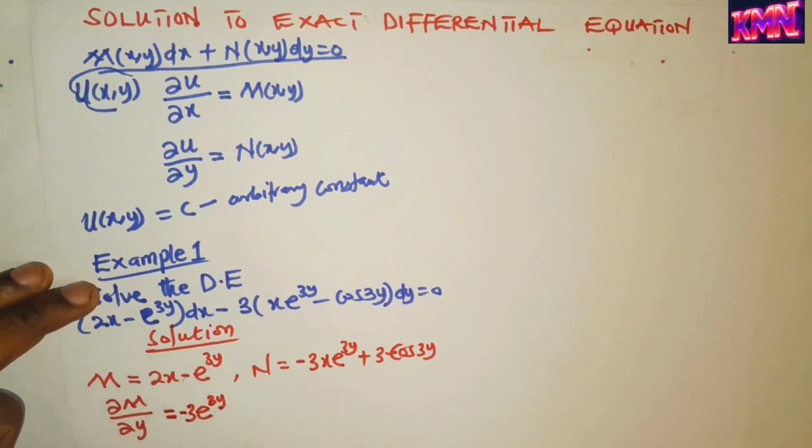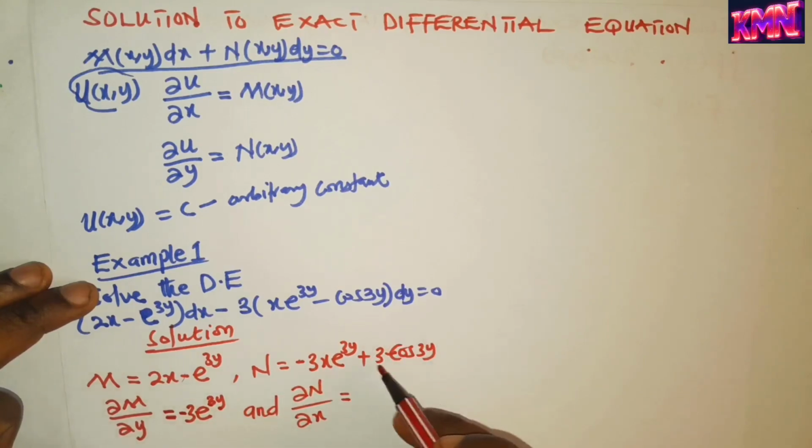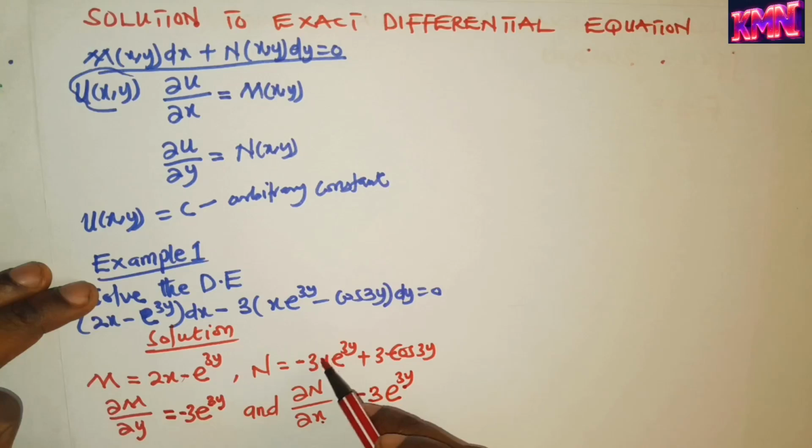Then we find the partial derivative of N with respect to x. The 3 cosine 3y goes to 0 because it is a function of y, and we get negative 3e power 3y because the x differentiates to 1.